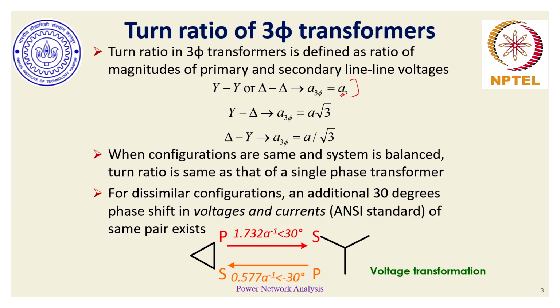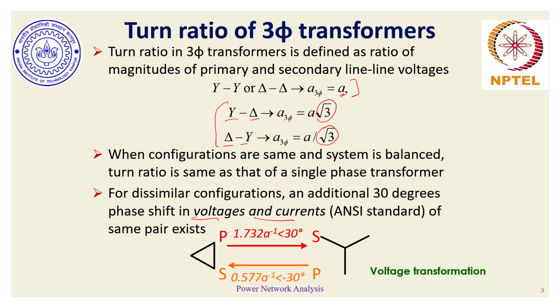Whereas when we have dissimilar configurations like star delta or delta star, factors of root 3 or 1 by root 3 also come in, additional to the individual turn ratio of A. Additionally, these dissimilar configurations also lead to inherent phase angle shifts between voltages and currents on the primary and secondary side.